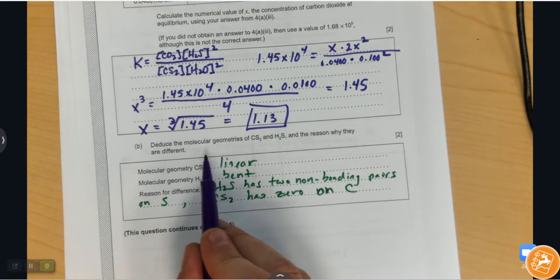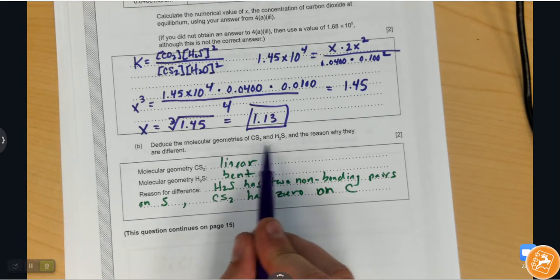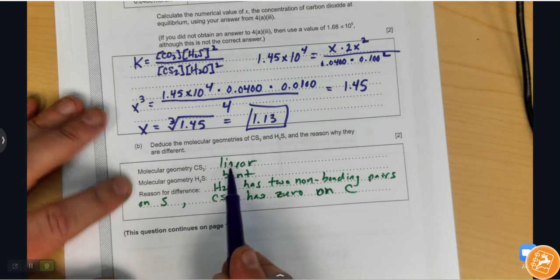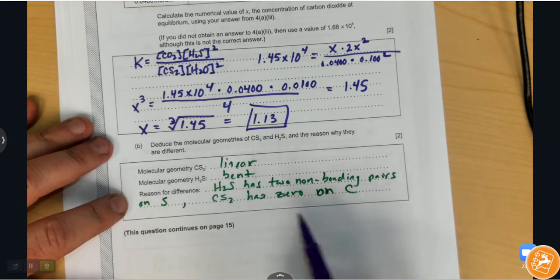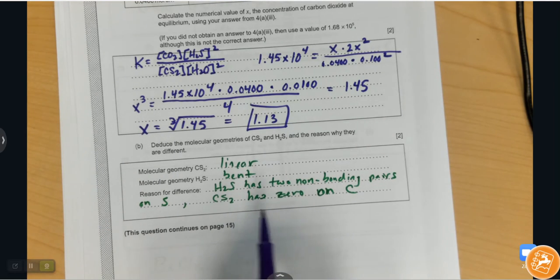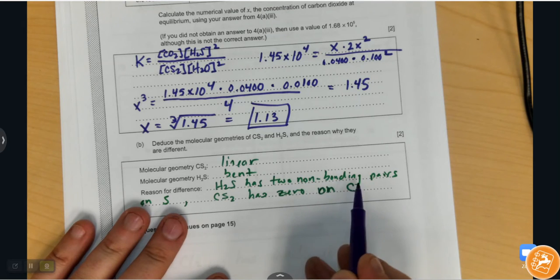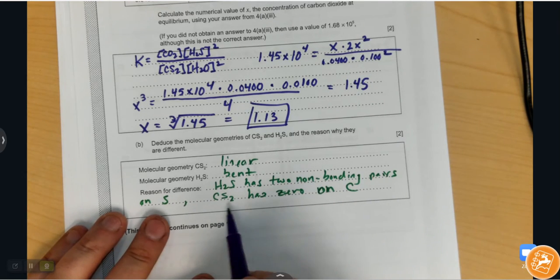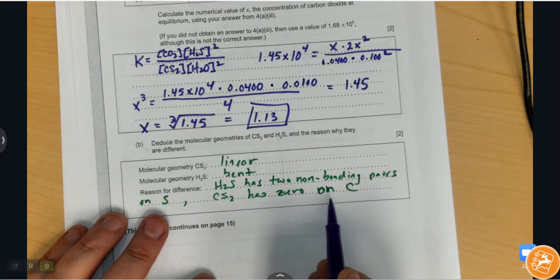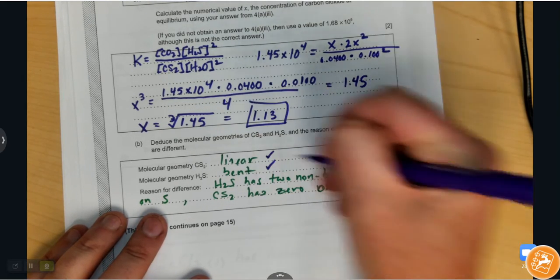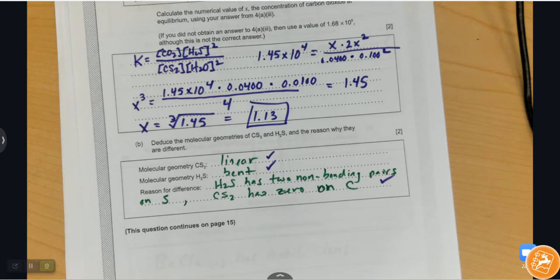All right, then it asks to deduce the molecular geometries of these two compounds. CS2, just like CO2, is linear, and H2S is bent. Remember, the reasoning has to do with electrons on the central atom. So H2S has 2 pairs of non-bonding electrons on the sulfur. CS2 has 0 on the carbon, I think. Boom, boom, and that's probably another mark. It's probably like an and situation. Again, we'll go over the mark scheme in class.